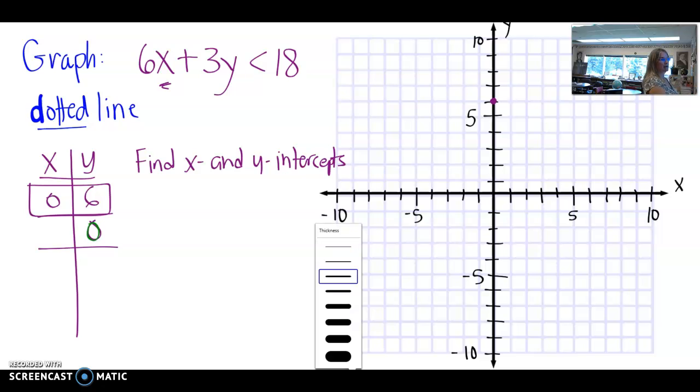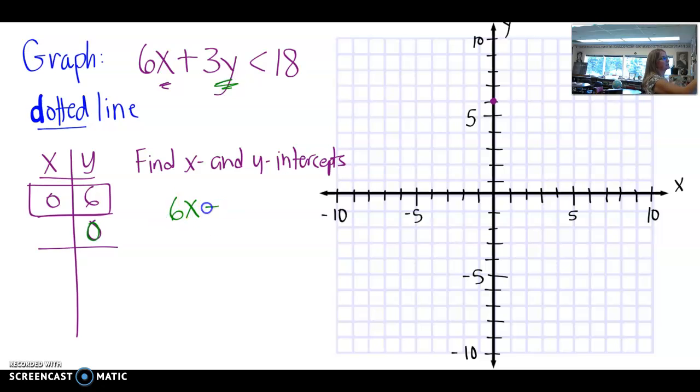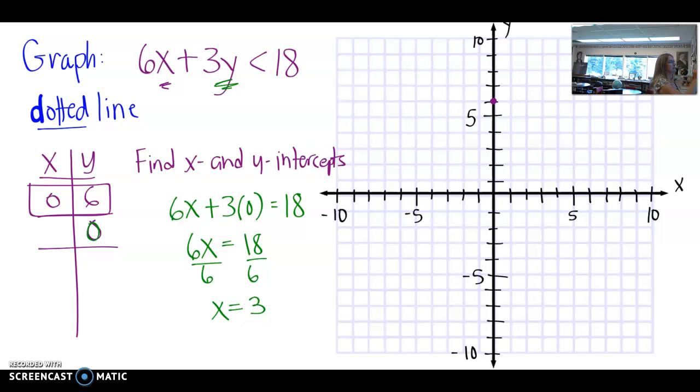So if y is 0, I'm going to have 6x plus 3 times 0, which is going to be 0, so I don't really even need to write it, but I'm going to. You don't have to. 6x plus 0 equals 6x, so 6x equals 18. Divide by 6, and 18 divided by 6 is 3. So when x is 3, y is 0.